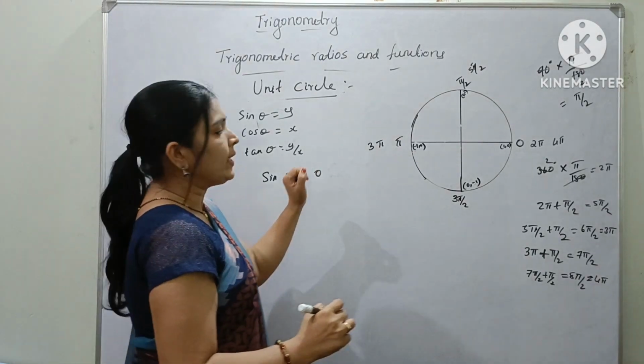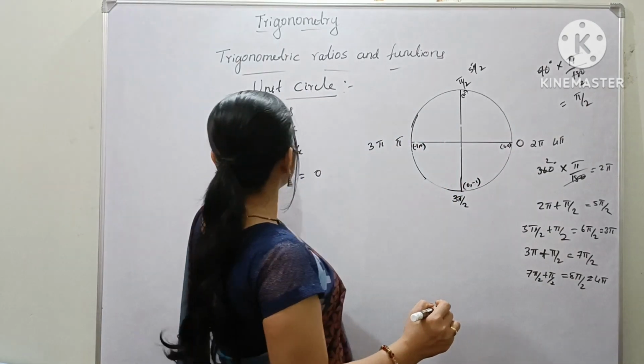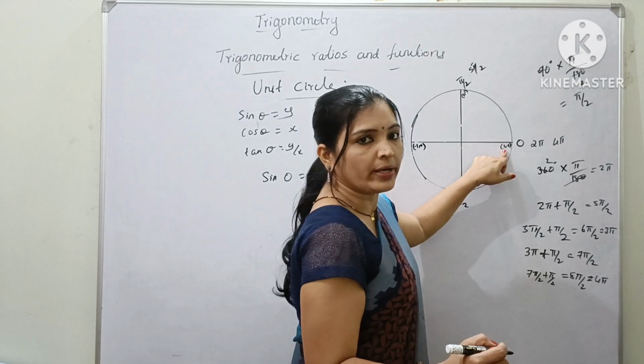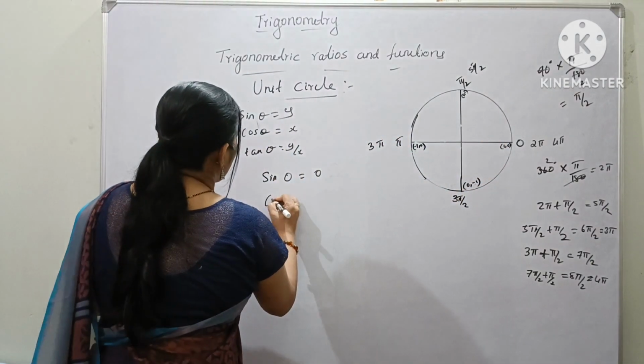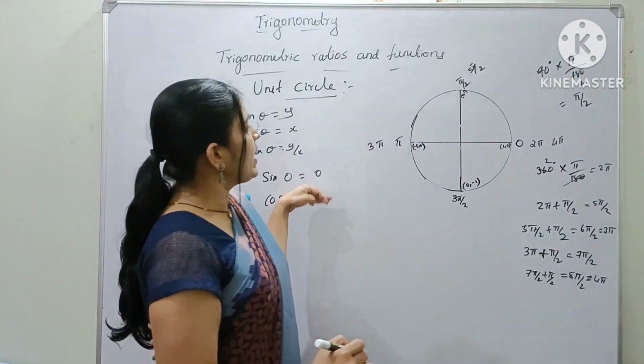So sine 0 is 0. Then what is cos 0? Cos theta is equal to x. What is the value of the x coordinate? 1. So cos 0 is equal to 1. Remember.